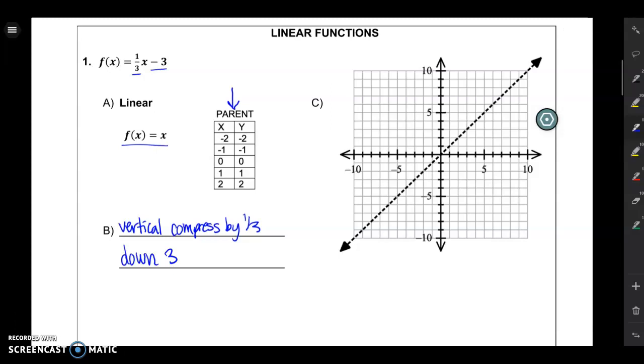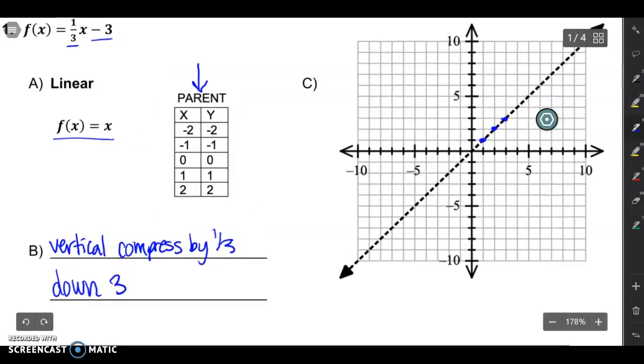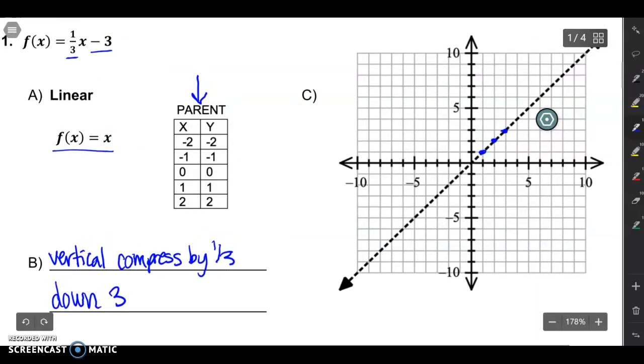The first thing that I'm going to do is, since I'm vertically compressing by 1/3, it means that each of these points on my parent function is now going to be a third as tall as it was to start off with. Right here, I used to go up to 1, now I'm just going to go up to 1/3. In my parent function, I go up to 2, so I'm just going to go up to 2/3. Parent function, I go up to 3, so I'm just going to go up to 3/3 or 1.